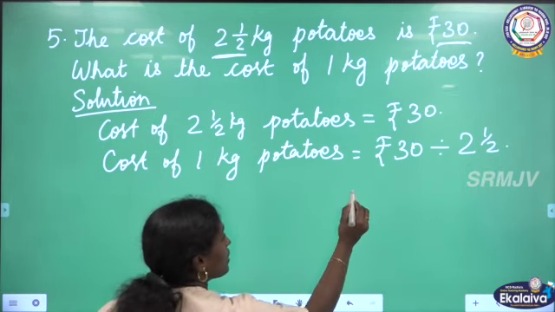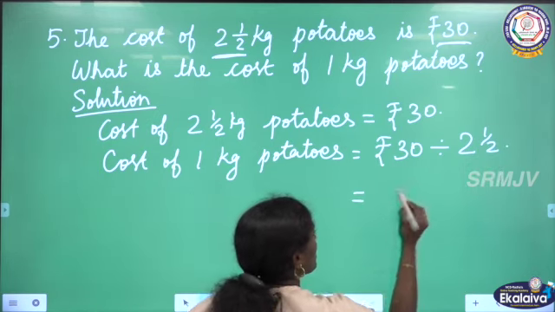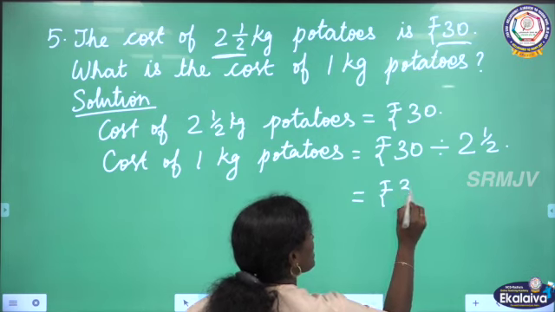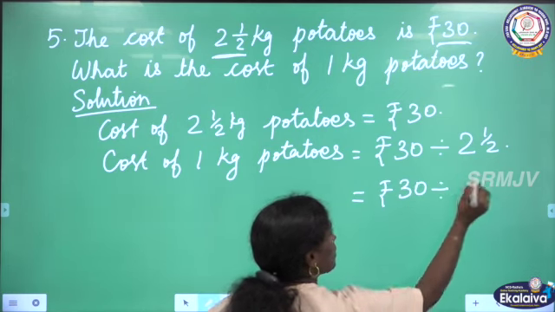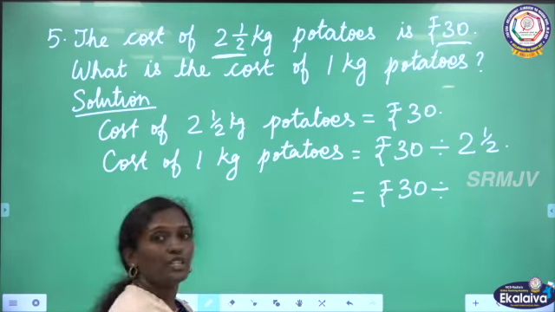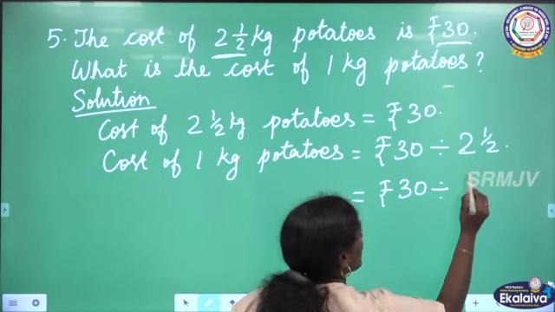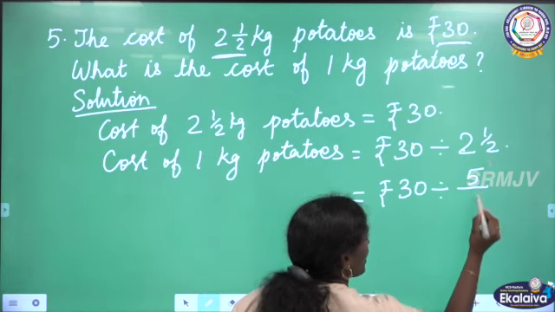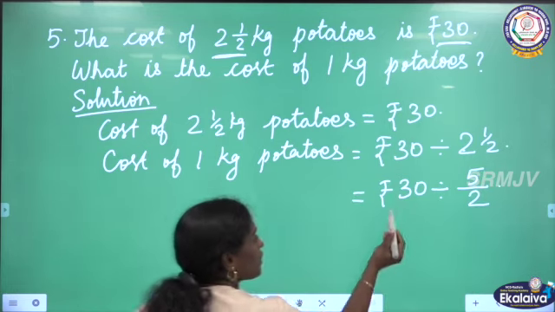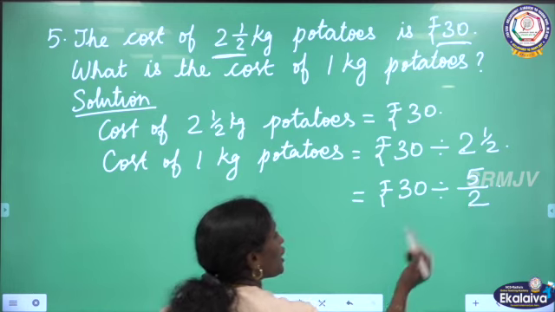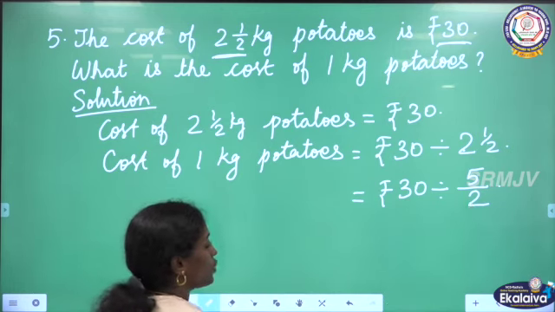Okay, here the first number is a whole number, the second is a mixed fraction. So, first we have to convert the mixed fraction into an improper fraction. Here 2 2s are 4, 4 plus 1, 5. Then the same denominator 2. Now, we are going to divide 30 by the fraction 5 by 2.